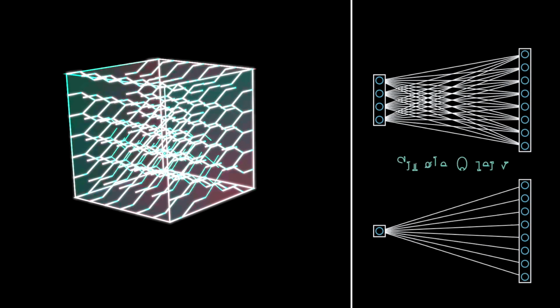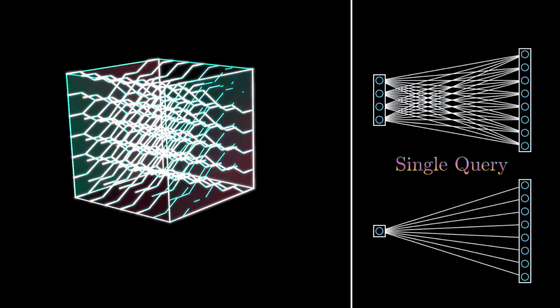We'll see soon an example of a problem in which classical computers need to perform multiple queries, whereas quantum computers access the entire input with a single query, thus halving computation time.